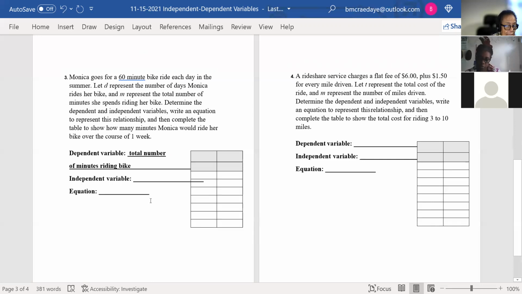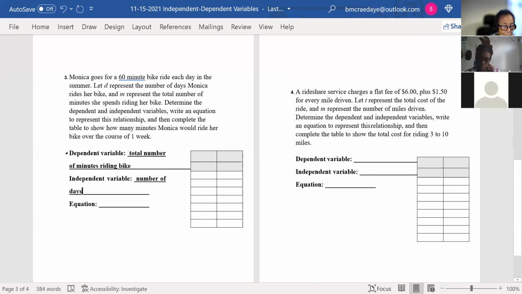That's the dependent variable. What's the independent variable? The number of days. That's correct. Very good. So the independent variable would be the number of days. Okay, what's the equation? Now we have to put the headings here. This is number of days.